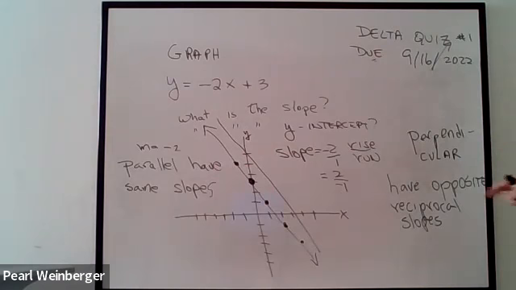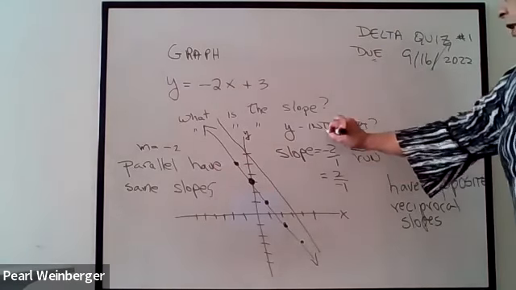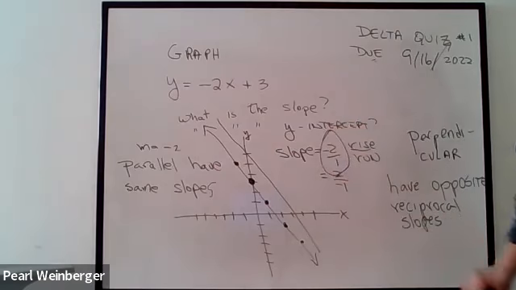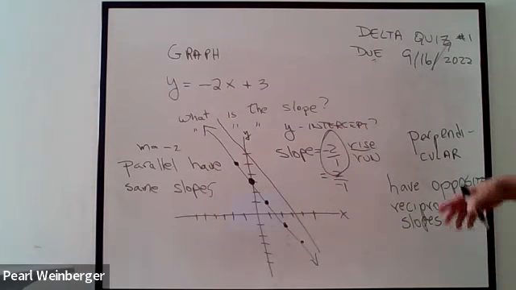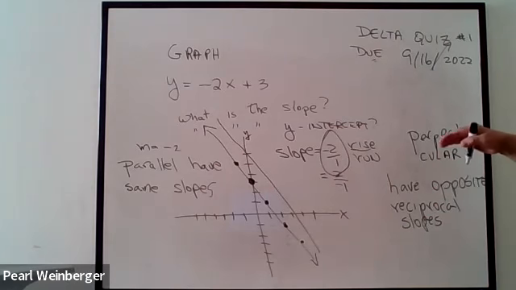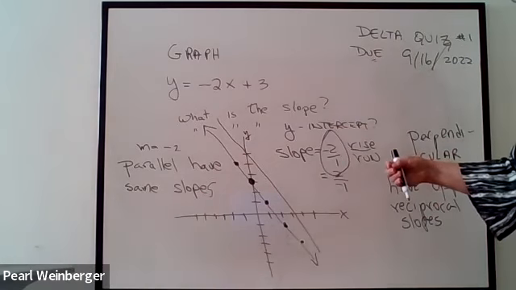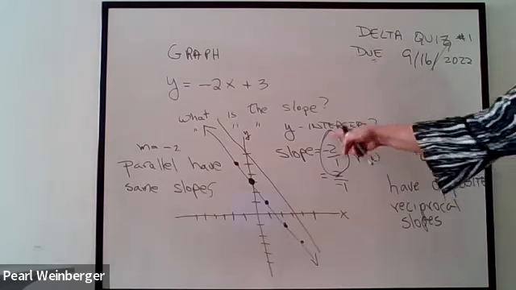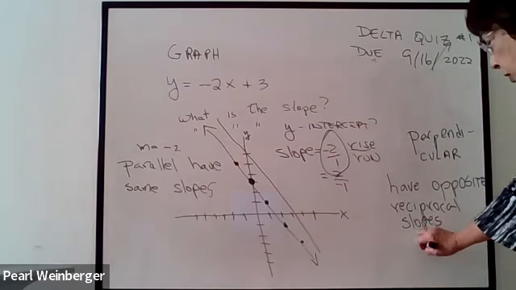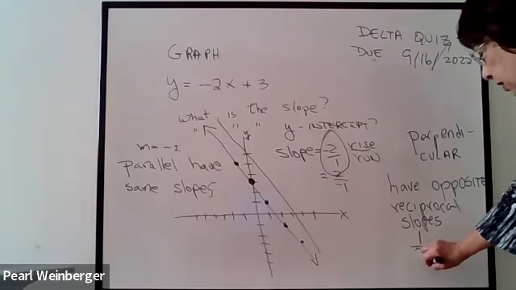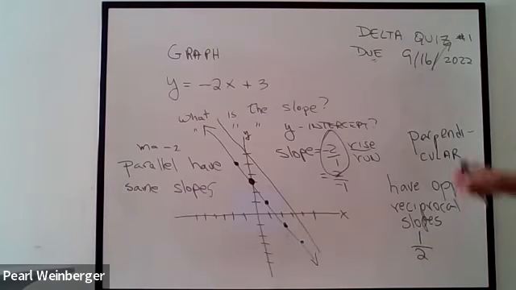What does that mean? Well, remember we said the slope of this line was -2/1. The opposite reciprocal slope would then be: flip over the fraction and switch its sign. This is negative. The slope of the perpendicular line is going to be +1/2.